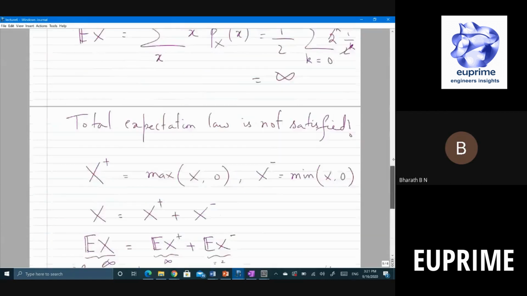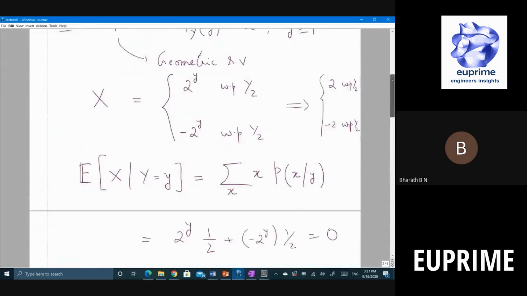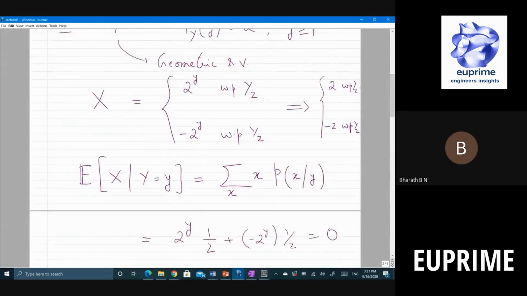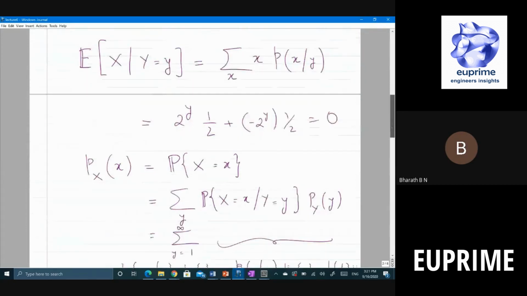Let's go back and see. If x is, suppose this occurs with probability something, let's say 1, okay? So let's do that. Forget it. So this happens with probability 1 and this happens with probability 0, let's say. That means it's a positive random variable, right? What will happen here?